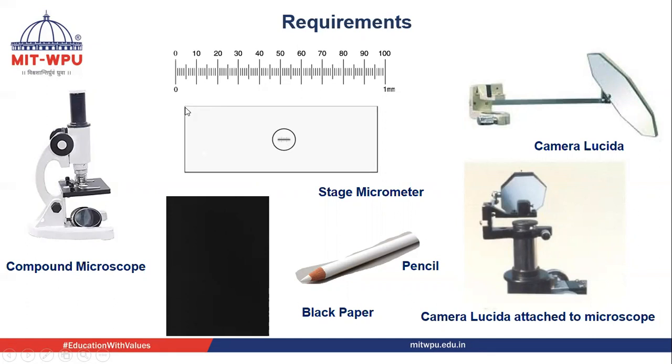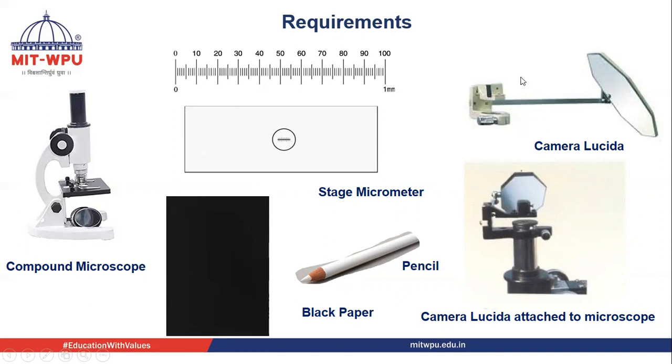We need the stage micrometer first to draw the square on this paper, and we will be using a white pencil, because on black paper a white pencil can be easily identified. We need a special thing here, that is the camera lucida.